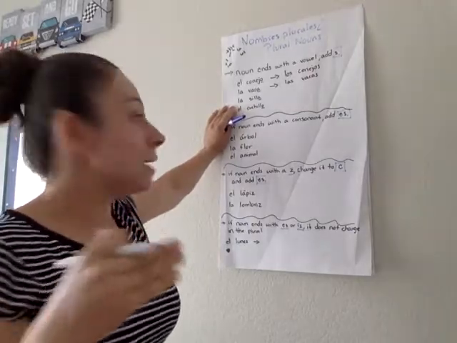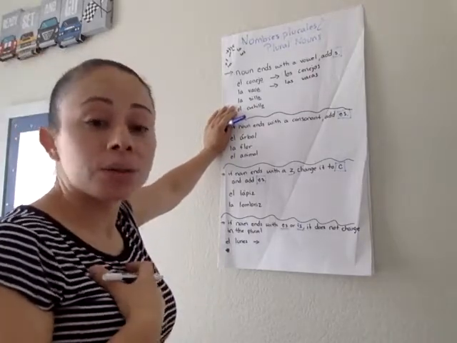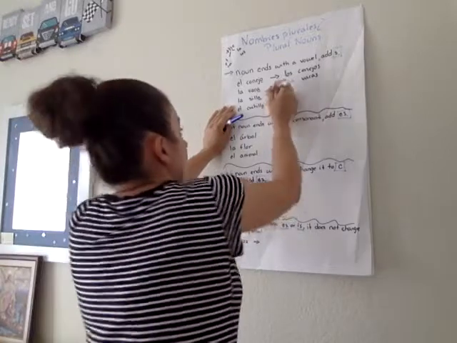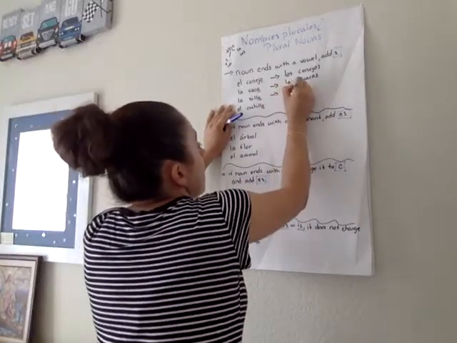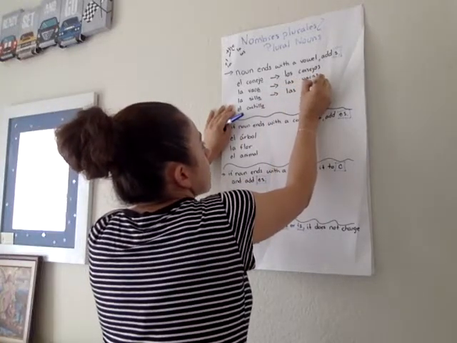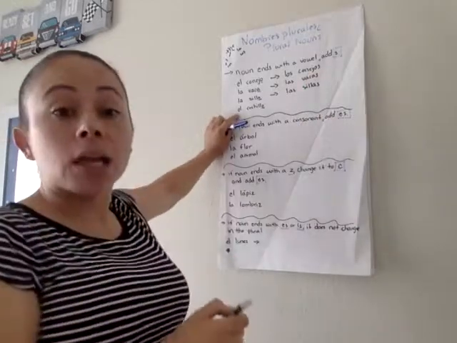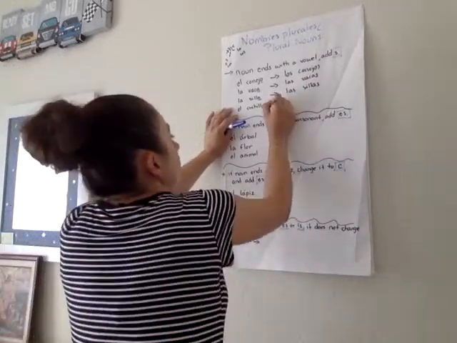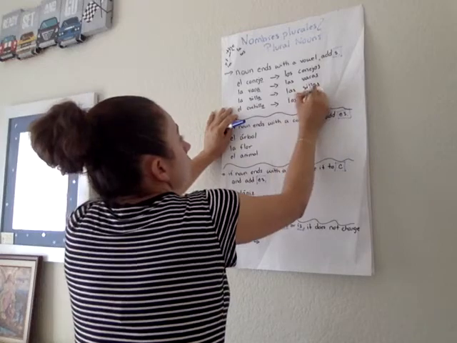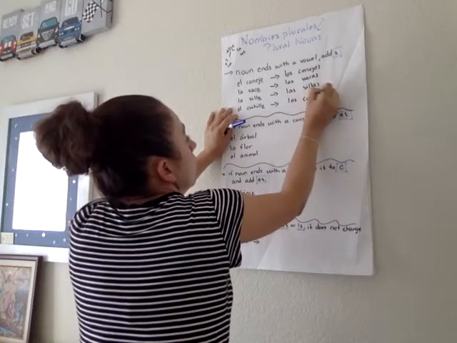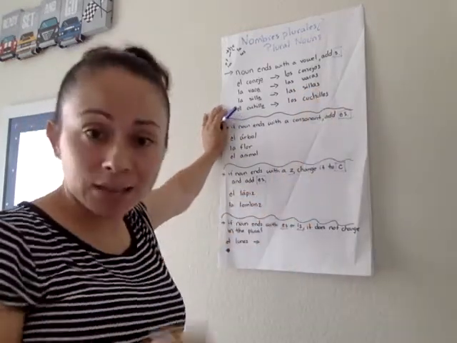La becomes las. And silla, I'm just going to add an S at the end because it ends with the vowel. So it becomes las sillas, the chairs. And then el cuchillo, the knife, los cuchillos. I'm adding an S at the end to make it plural.